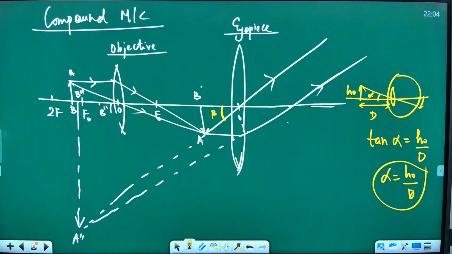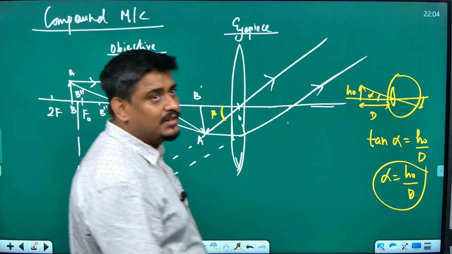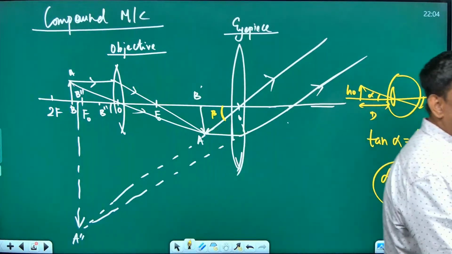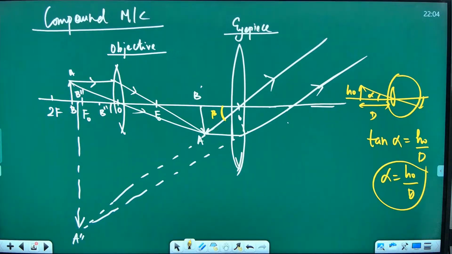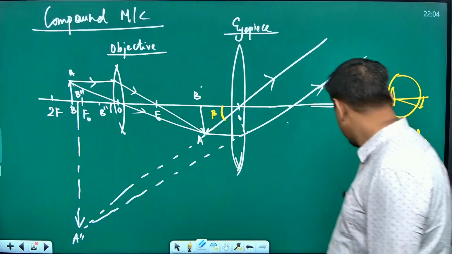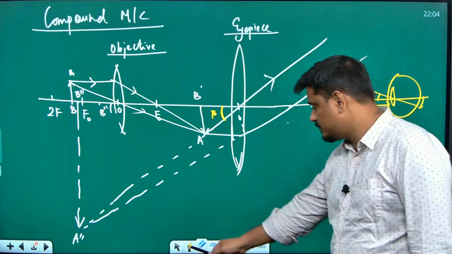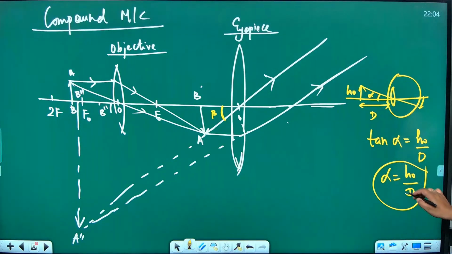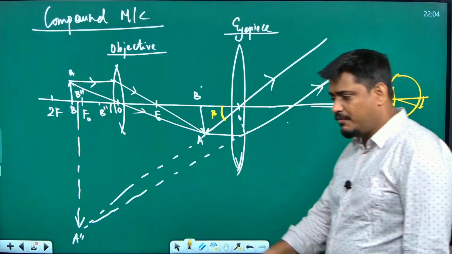Before I start talking about beta, draw the ray diagram please. Everybody, first draw the ray diagram, then I will talk about how I am finding beta. Make it fast please.